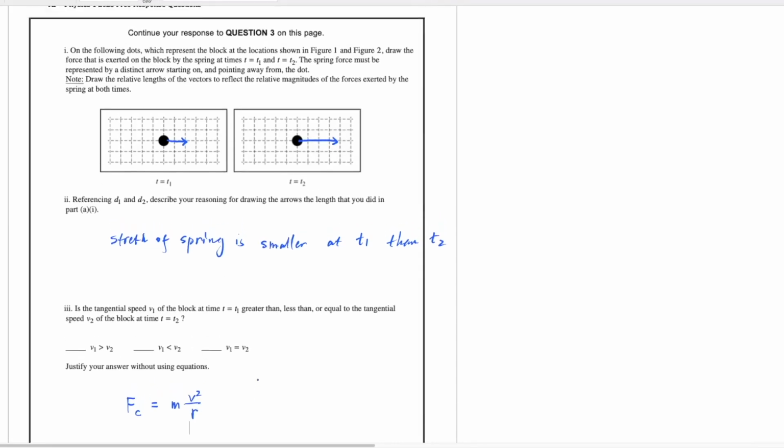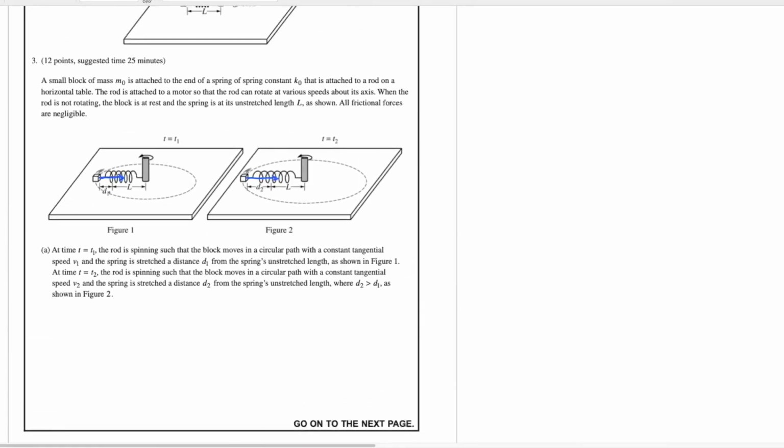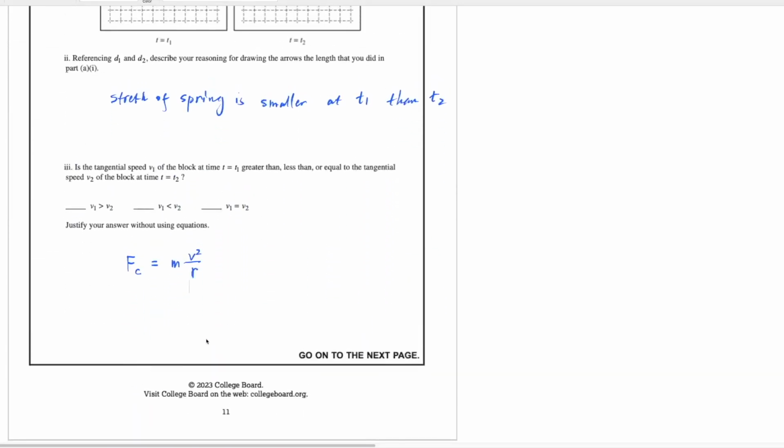Spring force is related to the amount of stretch. For t1, the stretch is d1; for t2, the stretch is d2. But the radius for t1 is d1 plus L, and for t2 the radius is d2 plus L. So let's rewrite this equation for t equals t1.